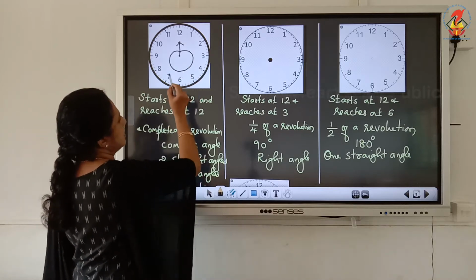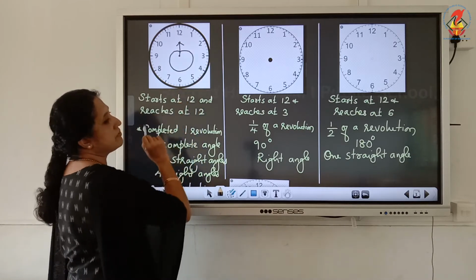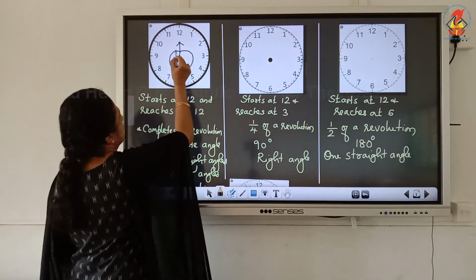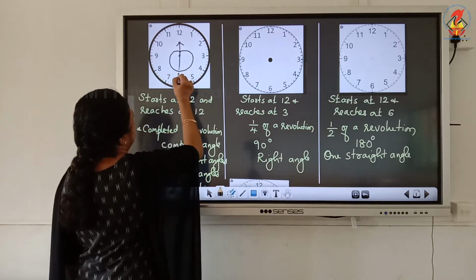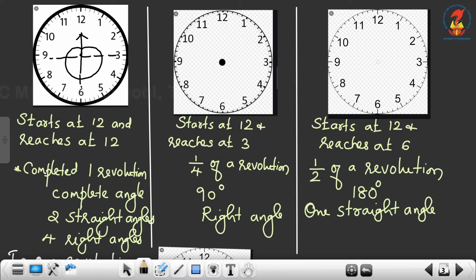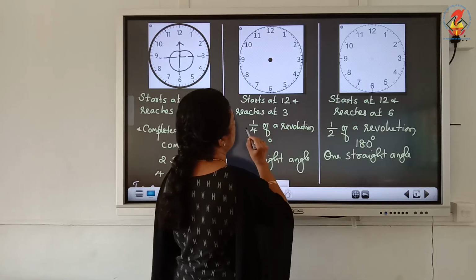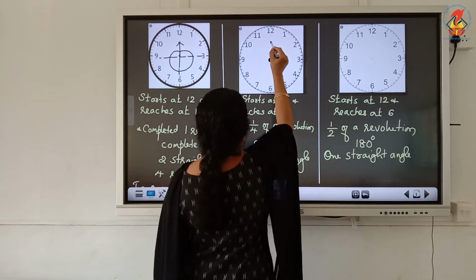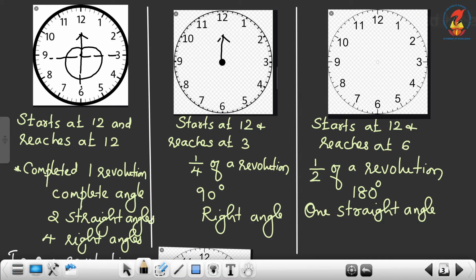Now, in one revolution, the clock frame is divided into four equal parts. Now, suppose the hand of a clock starts at 12 and reaches 3.